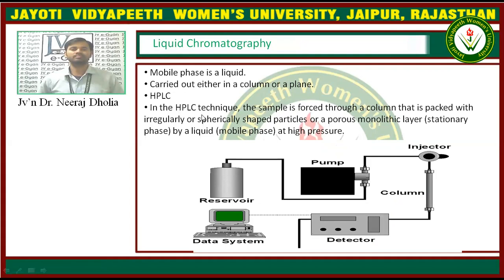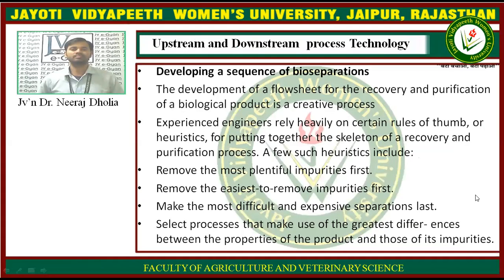HPLC is high pressure liquid chromatography. Here you use a pump which creates high pressure, and under the influence of the pressure, the compounds are separated out. The sample is forced through a column packed with irregular or spherically shaped particles, or a porous monolithic layer, by a liquid at high pressure. So this is the HPLC technique.